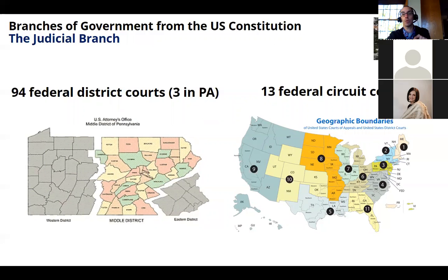Now, the Supreme Court is going to hear the cases from those lower courts that get appealed upwards through the system. So let's say you feel your First Amendment rights have been wronged. You can sue.